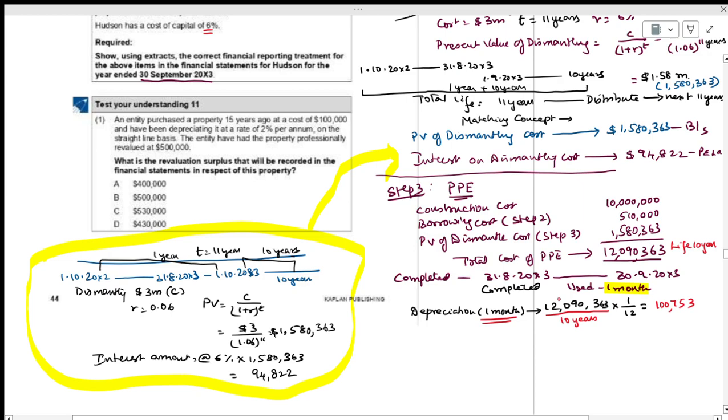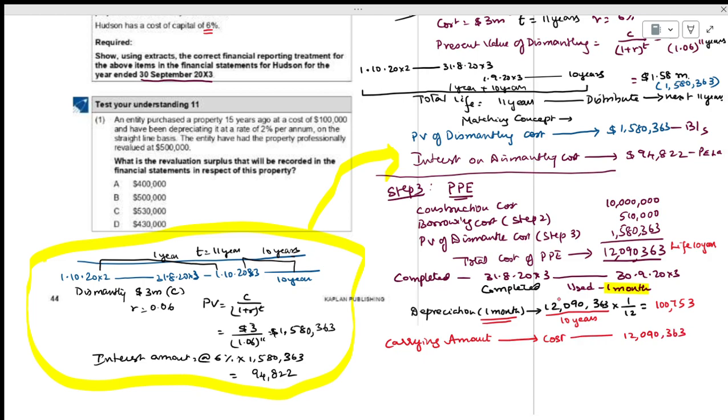Is it okay? Now, what is the carrying amount? Carrying amount is how much? Cost is 12,090,363. Depreciation for 1 month is how much? 100,753.